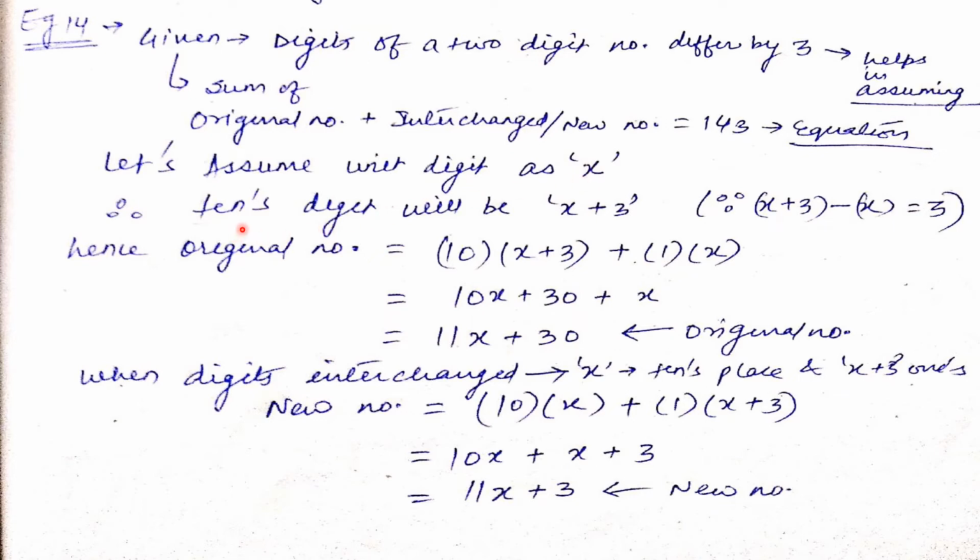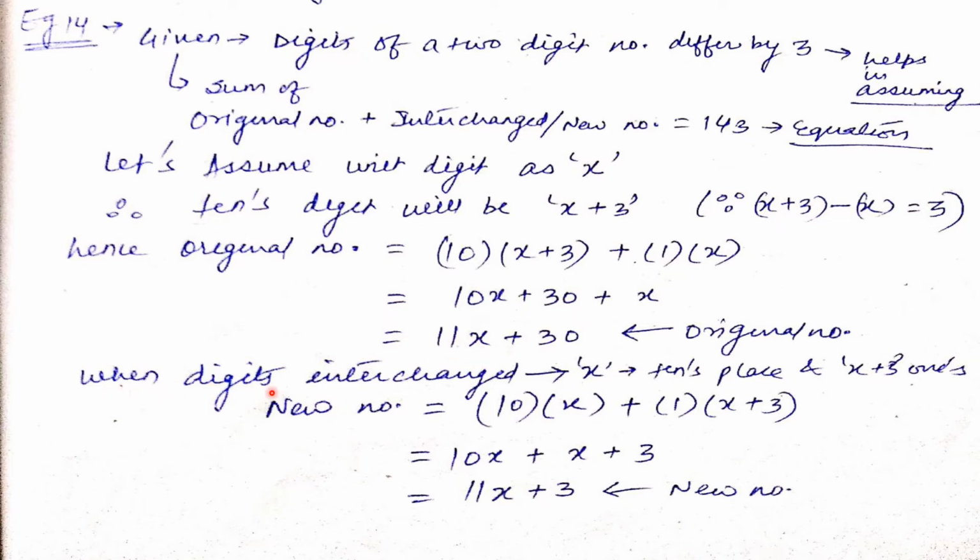I have assumed the tens digit as x plus 3, so its place value will be 10 into (x plus 3). That is why my original number is 10 into (x plus 3) plus 1 into x. Solving it, 10 into x is 10x, 10 into 3 is 30, plus x. If you solve finally, you get 11x plus 30. This is the original number in which x is unknown.